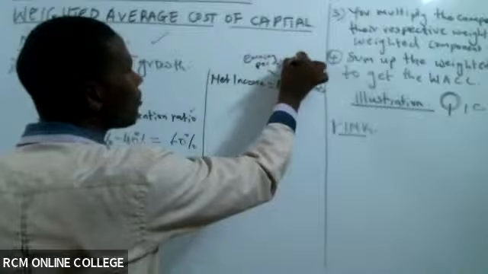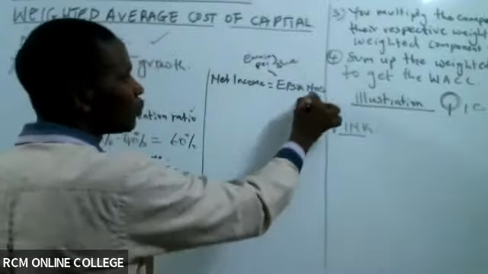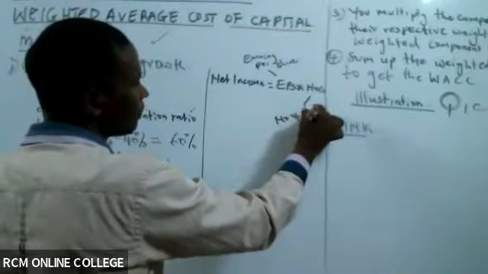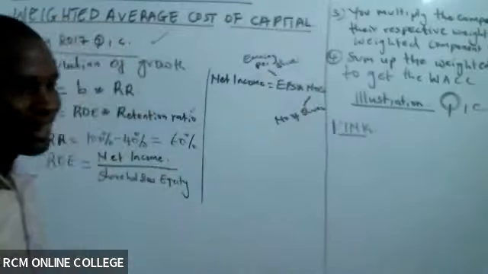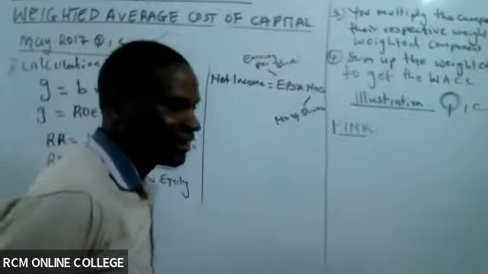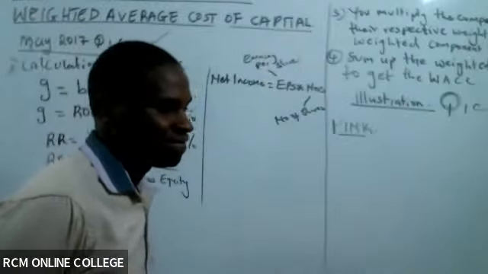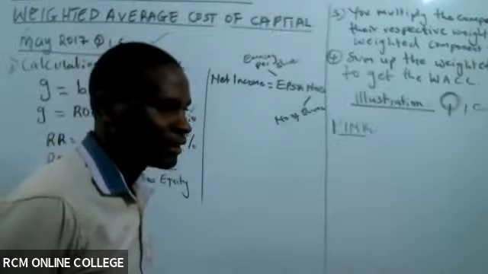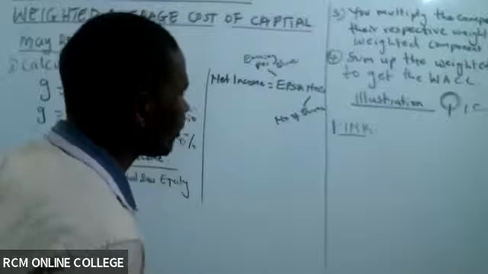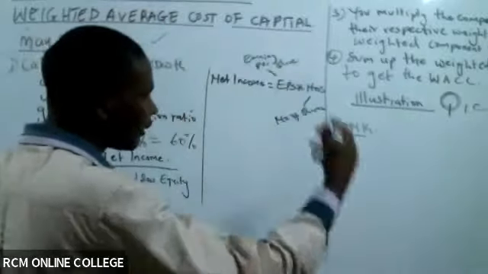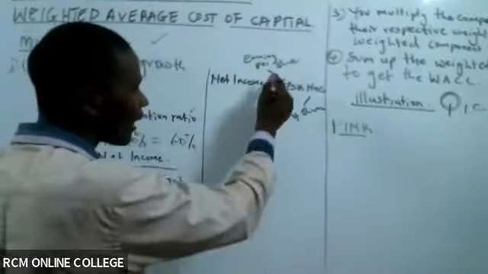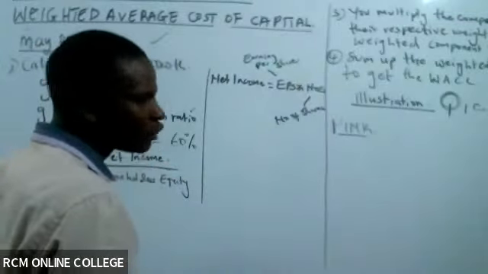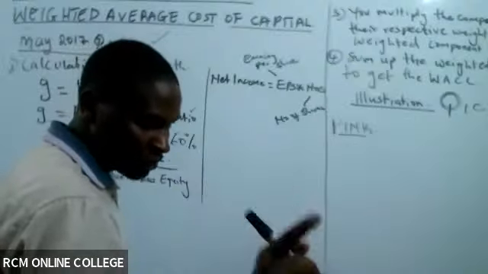Sasa hizi ndizo formula nawaambia zinachomoka as we do the question, over number of shares. Hii swali examiner alikuwa ameshika hao watu mateka kabisa, because you have to be able to understand how you do get number of share.